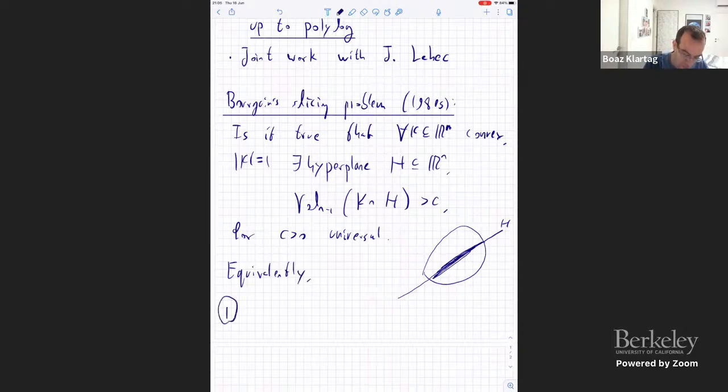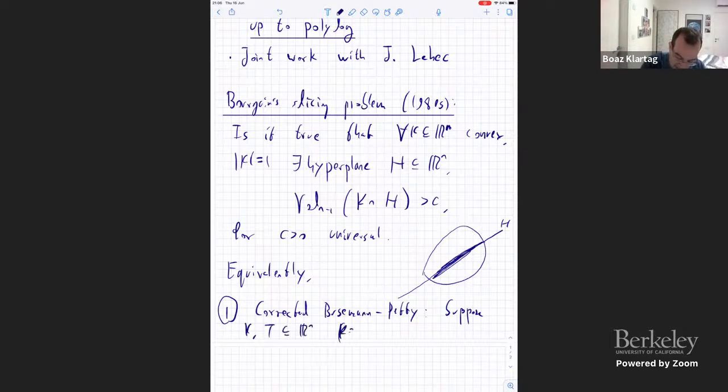So the first equivalent formulation is the corrected Busemann-Petty problem. The Busemann-Petty problem was a problem from the 50s. Suppose that K and T are two convex sets in R^n. Let's make them centrally symmetric, although centered is fine.